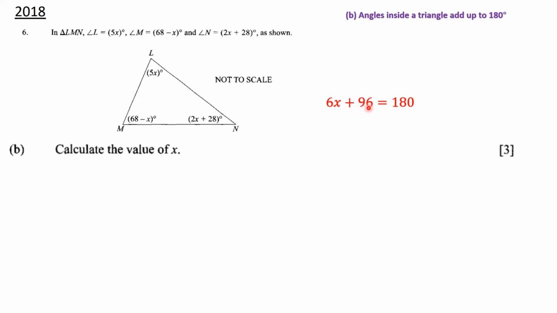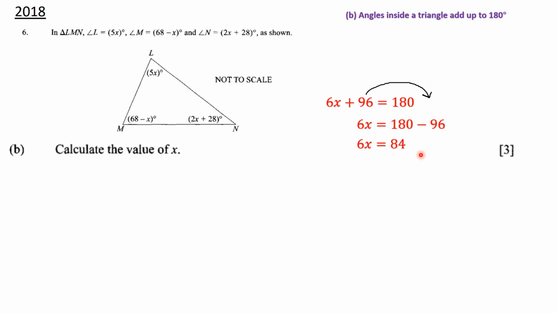The first thing that we're going to do is send the 96 over the equal sign. So now we have 6x is equal to 180 minus 96. Let's do the subtracting. 180 minus 96 is equal to 84.